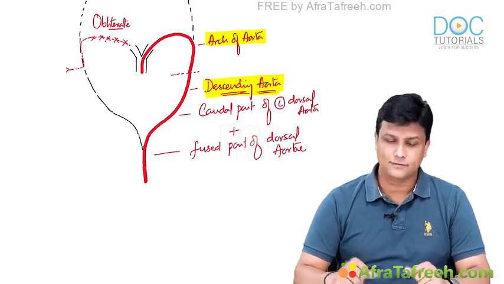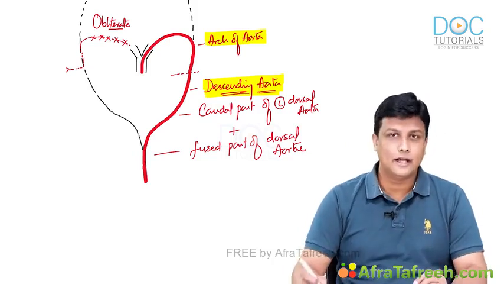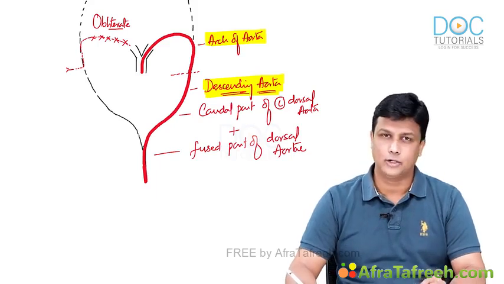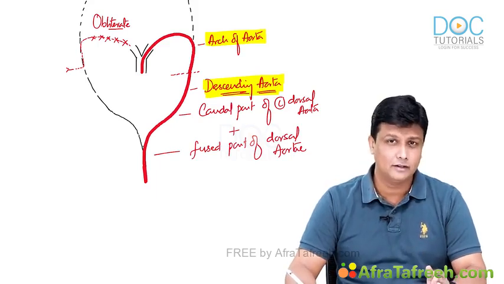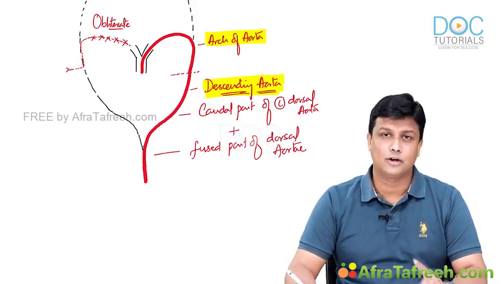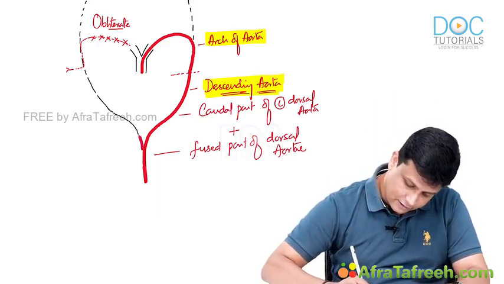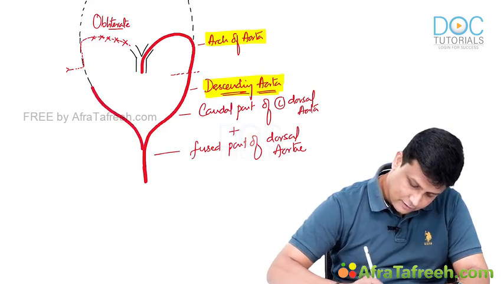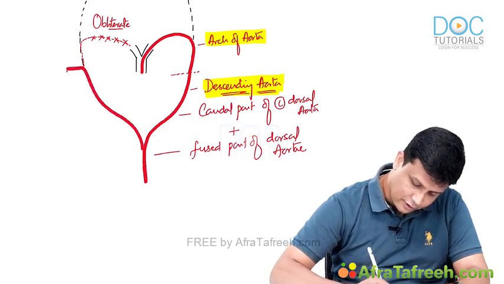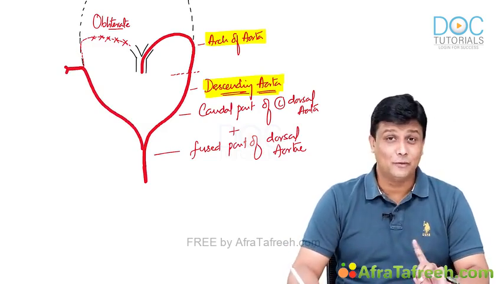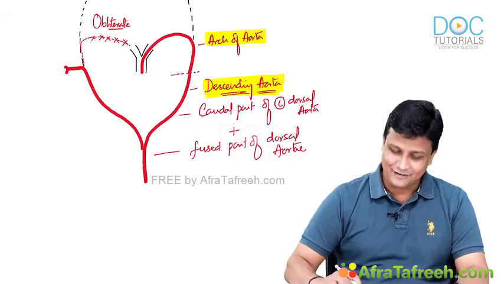Yes, of course. At that time, be very careful here, the caudal part of the right dorsal aorta is the one which will be supplying the blood, and that is the one which is going to contribute to the formation of the abnormal right subclavian artery, not the normal one.